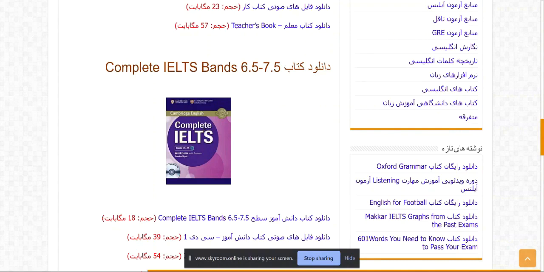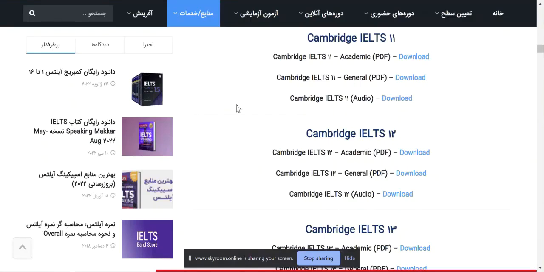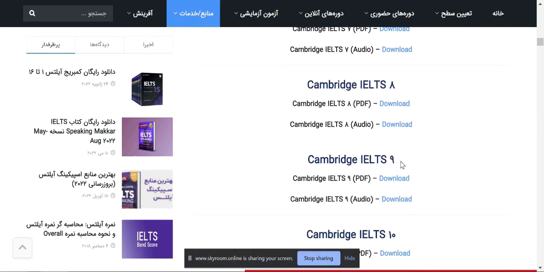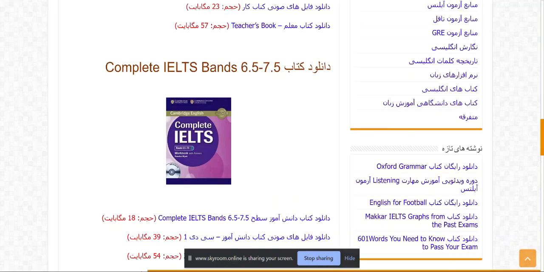Simultaneously, when you start this one, start the Cambridge versions 1 to 12, 1 to 10. Okay, because each of them, Cambridge IELTS 10, Cambridge IELTS 11, each of them is from one year. So it is better for you to have some kind of coverage book like Complete IELTS.